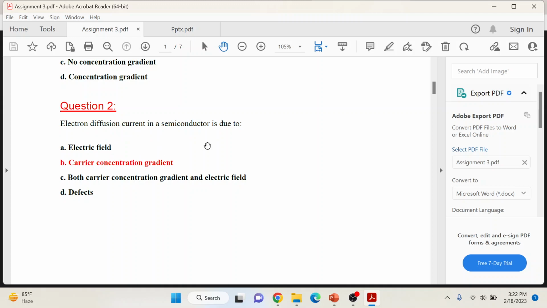Diffusion means the concentration gradient of the majority or the minority carrier are different in different regions, and these are trying to equalize all of them, and they start doing random motion, and due to this random motion a current forms, which is called diffusion current.